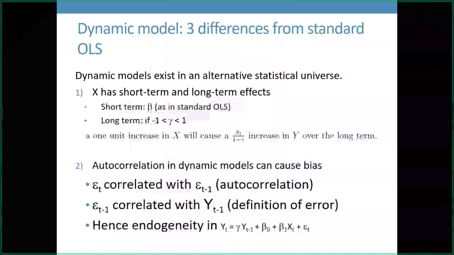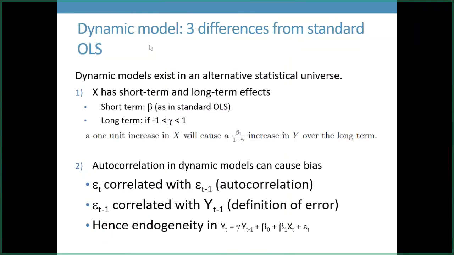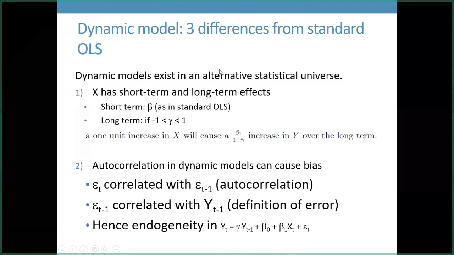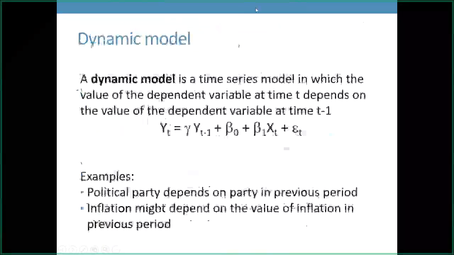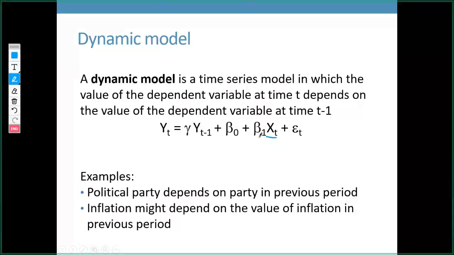The implication of dynamic models, however, is that beta no longer really represents the impact of a 1 unit increase in x on y. Why is that? If x goes up by 1 in period t, that's going to have a beta 1 impact on yt.